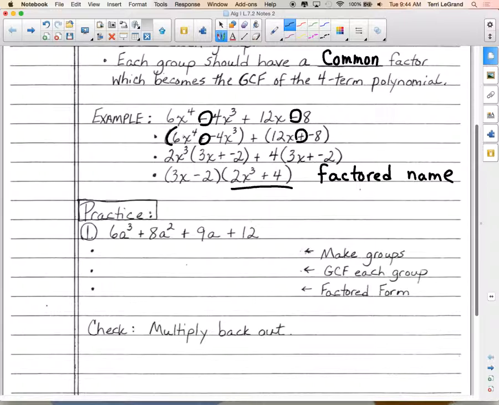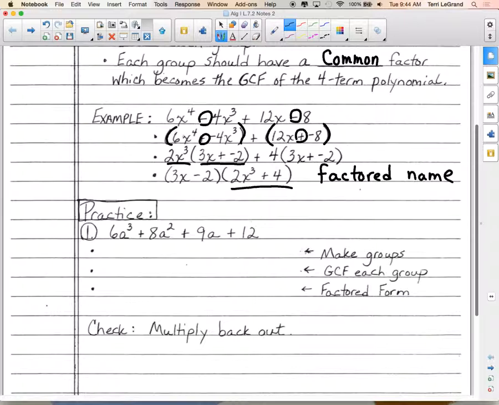Put parentheses around 2 of the terms. Make a couple of groups. And now you look at that first group and you say, what is the GCF of 6x to the 4th plus negative 4x to the 3rd? And we're going to take out a 2x to the 3rd. And here's what the resulting factor is.